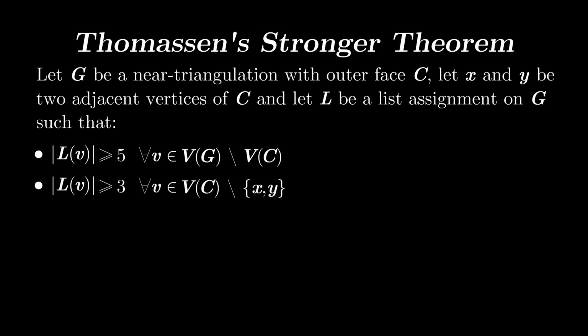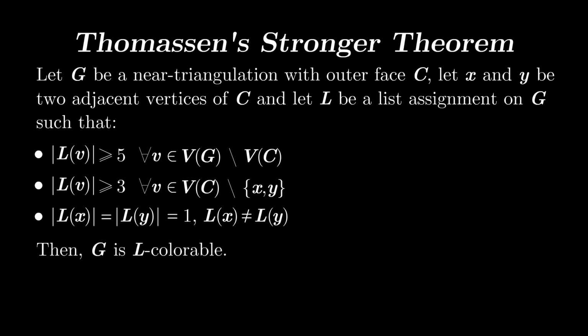For vertices in the outer face, we only require lists of length 3, except for the 2 vertices X and Y, for which we don't even require that. We only require that they have one color, and obviously it can be the same color for both vertices, since they are adjacent.